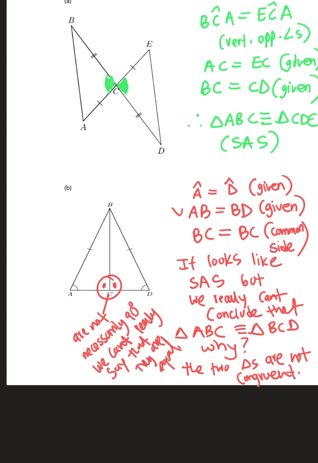Basically here we don't have enough information to really make a conclusion. If the angles here were 90 degrees, then we can make a conclusion that the triangles are congruent, right? So that's the analysis of this problem.